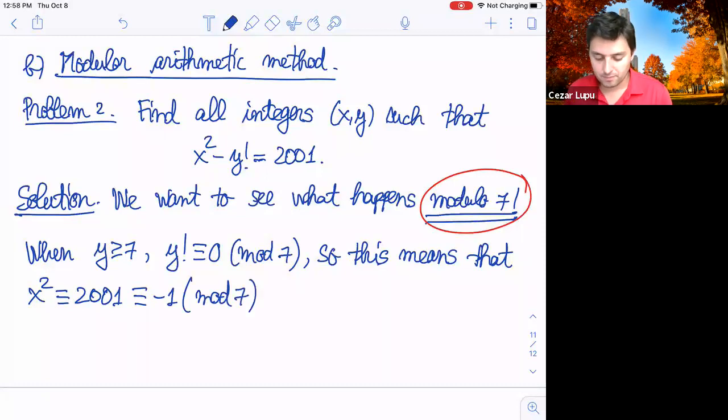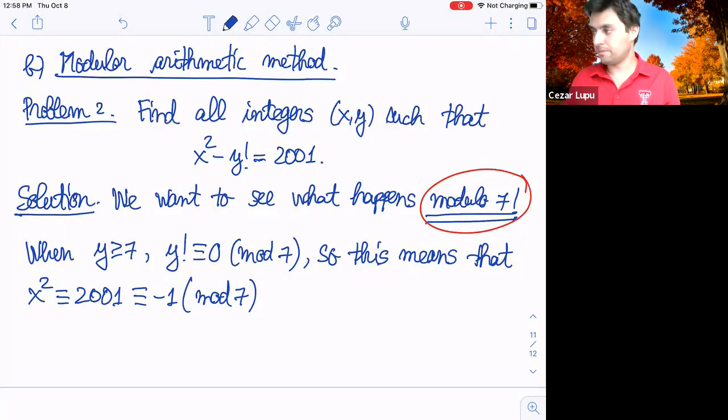Keep in mind that y squared is x squared plus 2001, and we know that y squared is 0 mod 7. So clearly it follows x squared is congruent with 2001, which is -1 mod 7. Okay, great. So this means what?